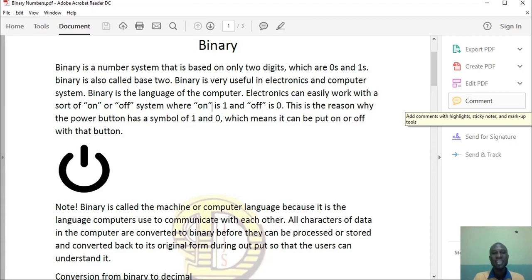Binary is a number system that is based on only two digits. And the two digits in binary are zeros and one, or 0 and 1.